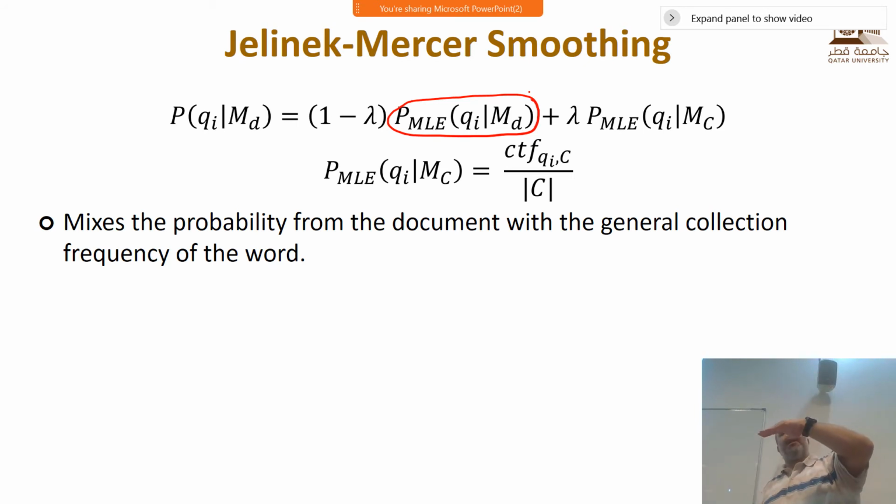Of course, many will have zeros and some will not have zeros. The ones that are observed, seen, will not have zeros. Now we will multiply all of these probabilities by 1 minus lambda. Lambda is a parameter between 0 and 1. Let's say that lambda is 0.1. So we multiply all of these probabilities by 0.9.